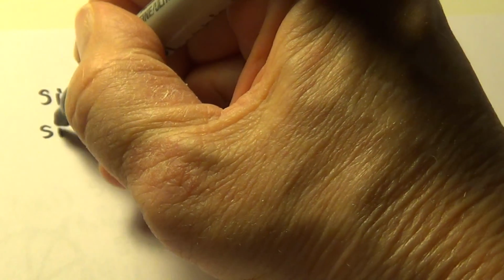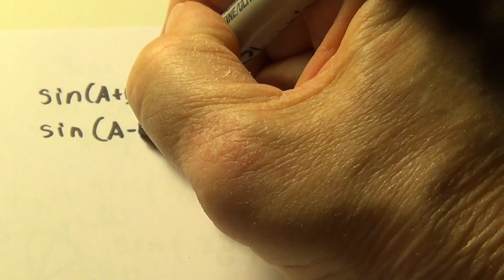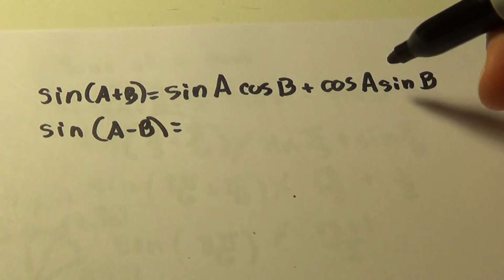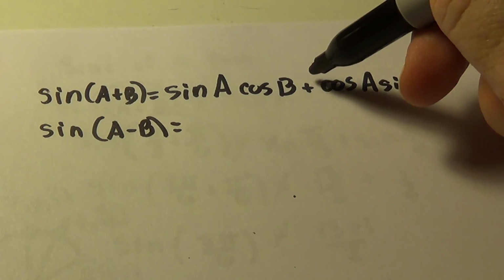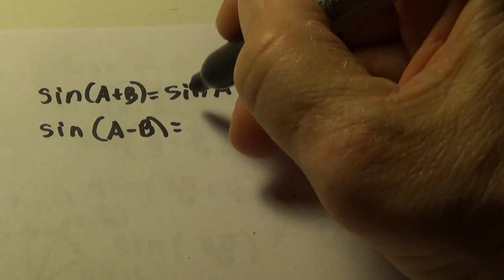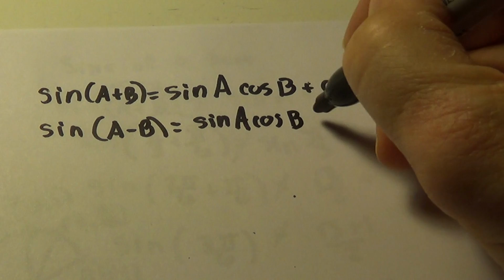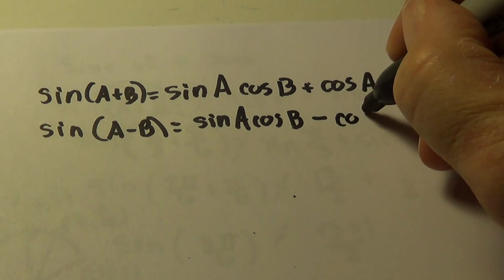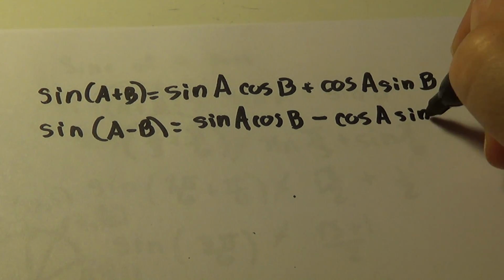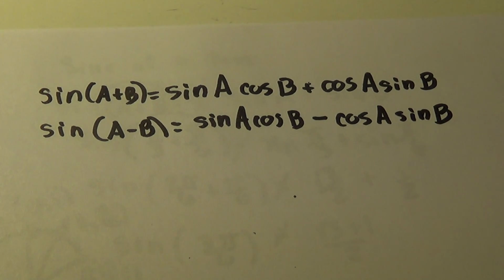And I would like to know the sine of a difference. And the sine of the difference is identical to the sine of a sum, except right there we are going to have a change. And it's minus. Everything else stays the same.